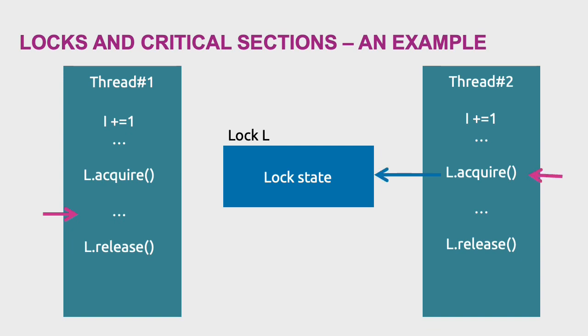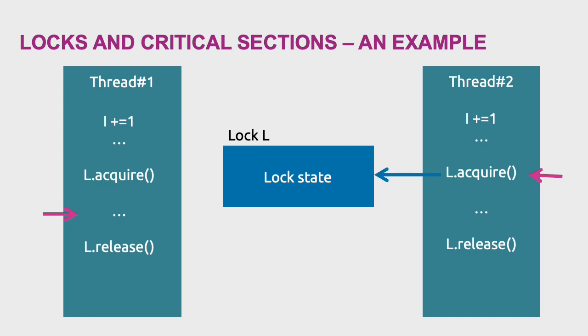Now the operating system schedules thread 2, and thread 2 attempts to acquire the lock. Unfortunately for thread 2, the lock has been acquired before by thread 1, and as a consequence, thread 2 is blocked.